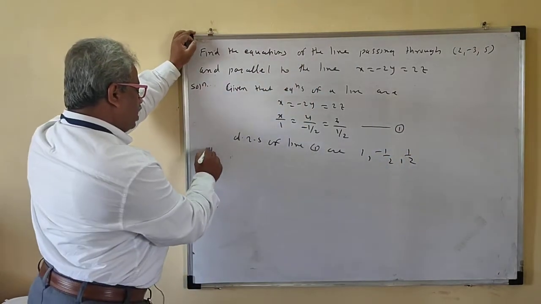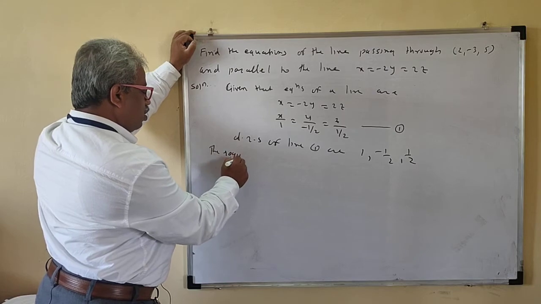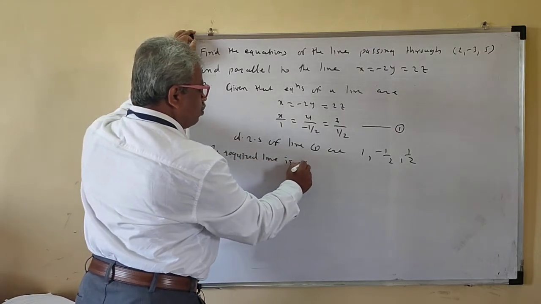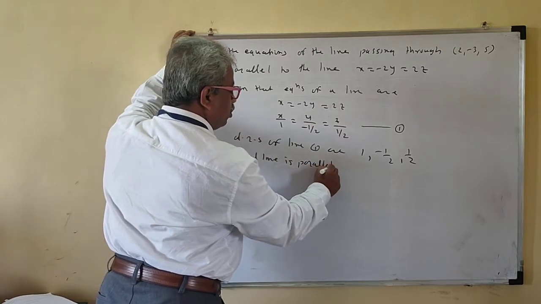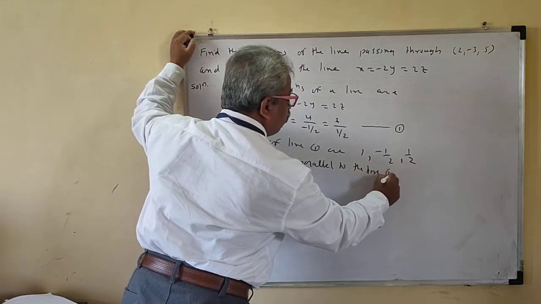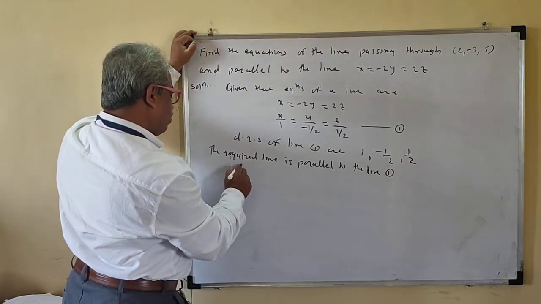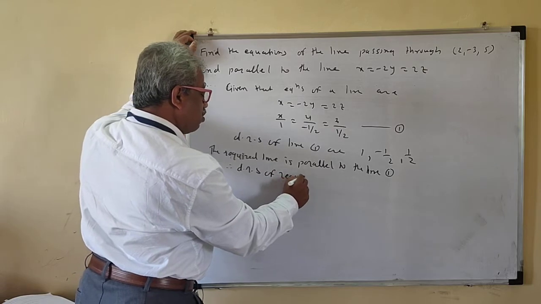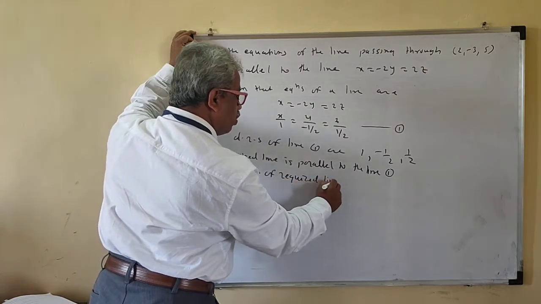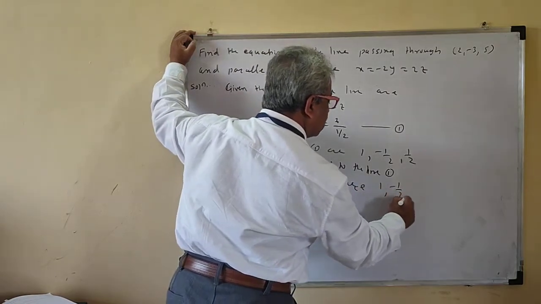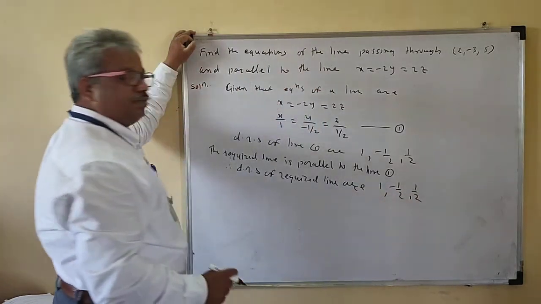The required line is parallel to the line 1. So the DRs of the required line are 1, minus 1 by 2, 1 by 2.